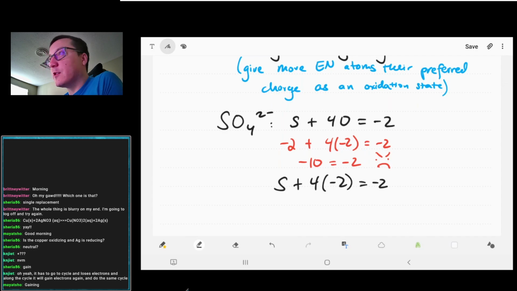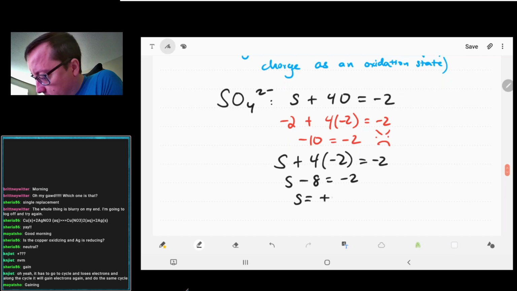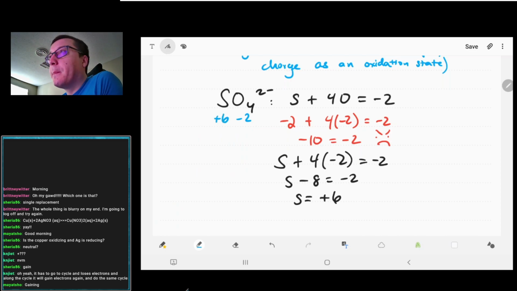That's it. So we can just solve for it. If we do, we get sulfur to be +6. So we would write these as saying oxygen is -2, sulfur is +6.